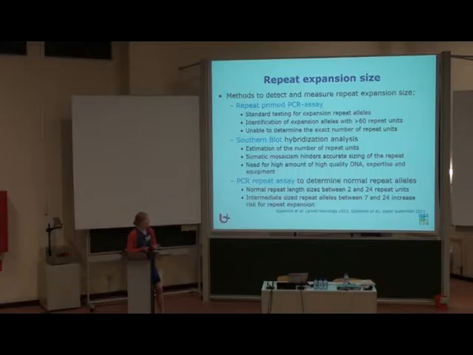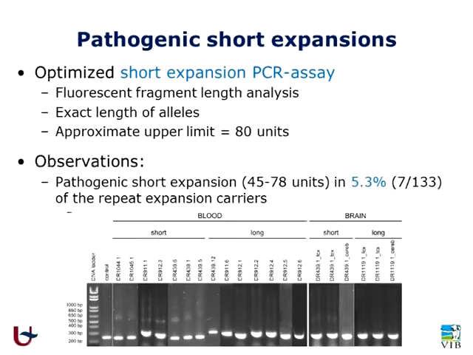To determine the normal repeat alleles, we use a PCR repeat assay. And we have observed that repeat alleles between 7 and 24 repeats have an increased risk for repeat expansion. I said before that the cutoff used by most authors for pathogenic repeats is about 60 units, but our observations suggested that a shorter repeat might also be pathogenic.